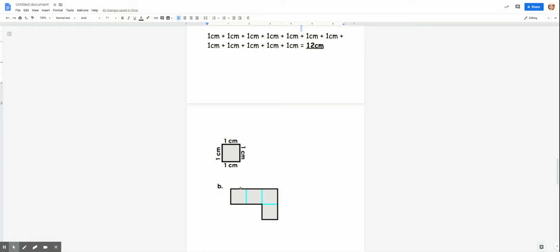For instance, on this one, if we had the tile placed in here, we would have 1, 2, 3, 4 tiles, but we are going to add the outside line of each of those. And that is going to give us the perimeter of this object. So we would have, pause the video, and I want you to try and figure out the perimeter for this object.